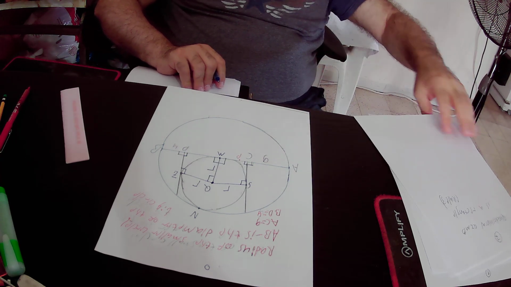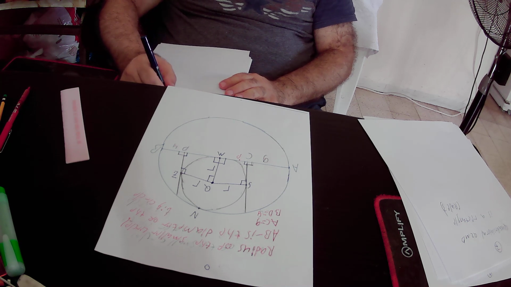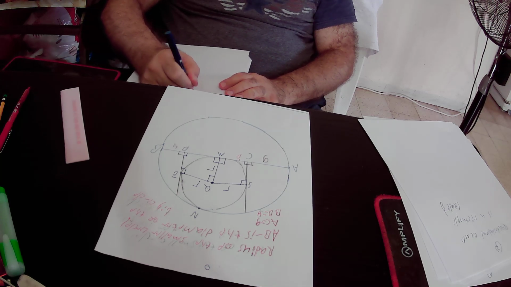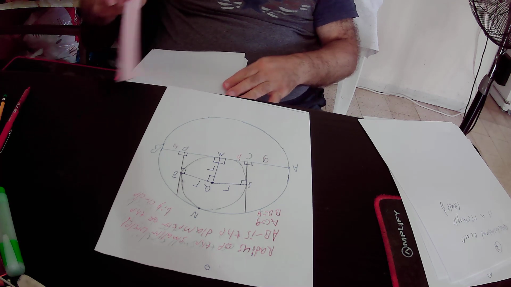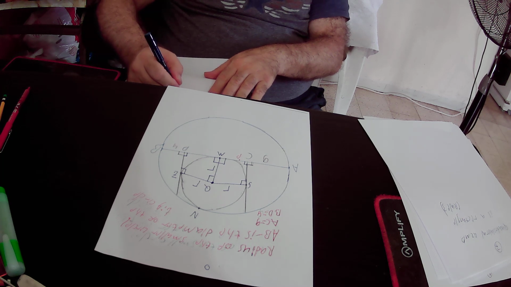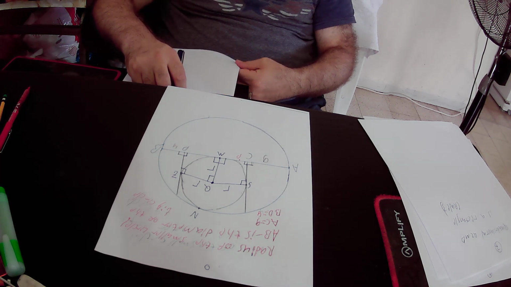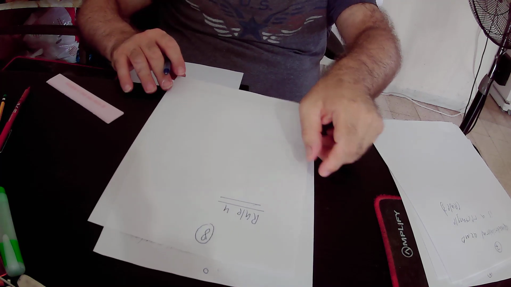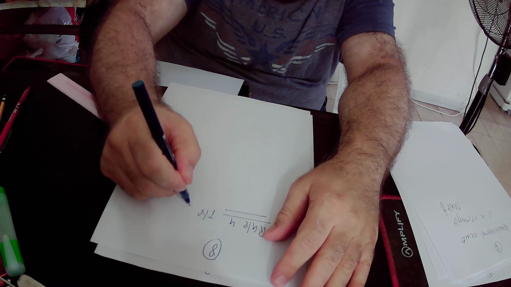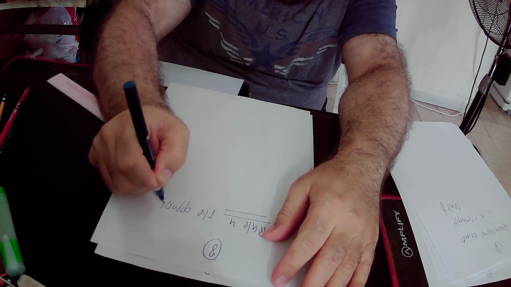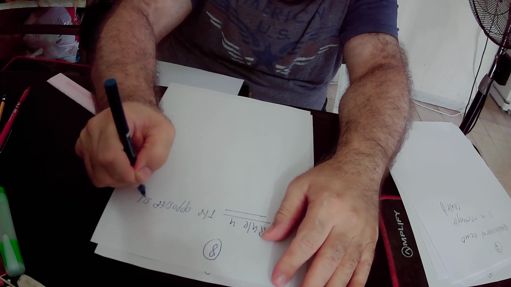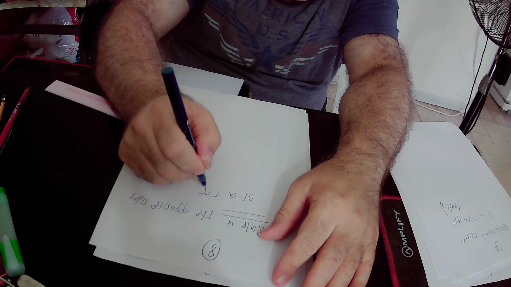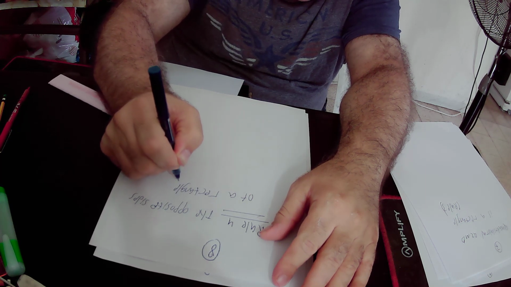Okay? And we also have rule number 4, that states that the opposite sides of a rectangle are equal to each other.